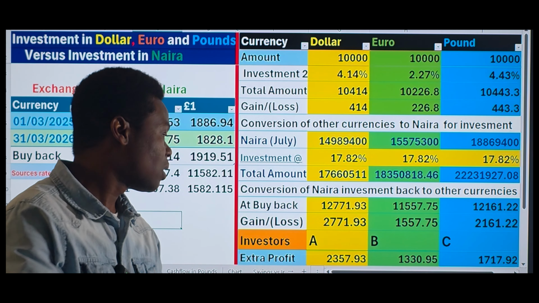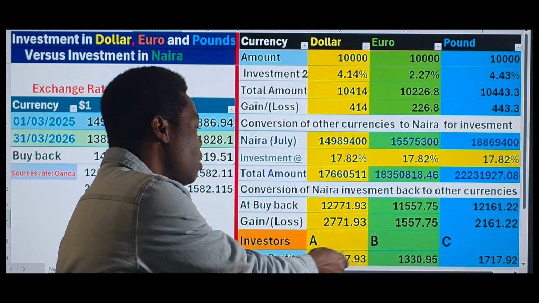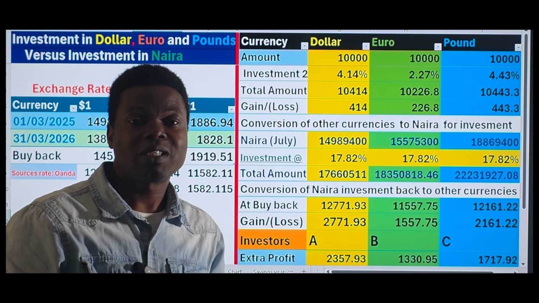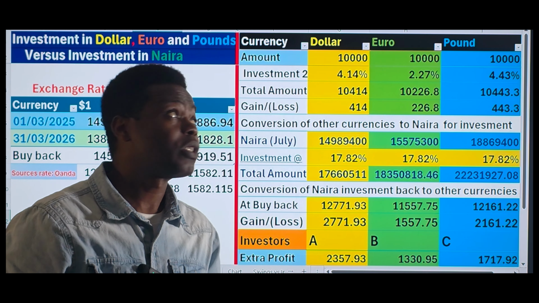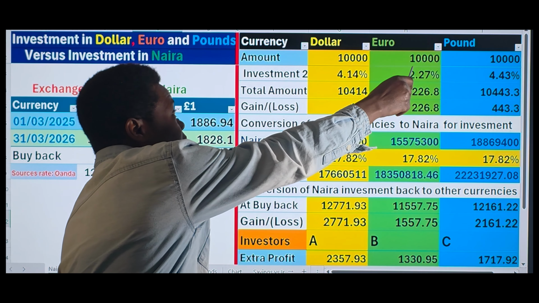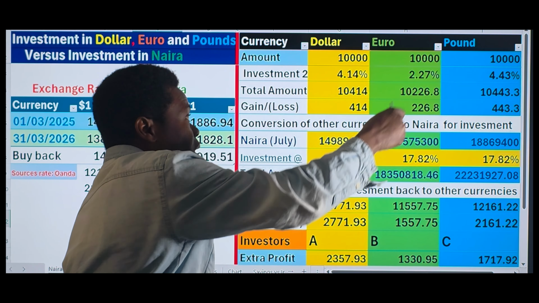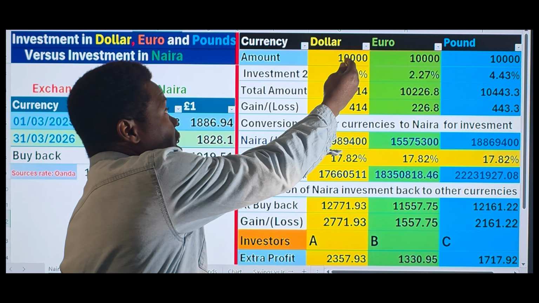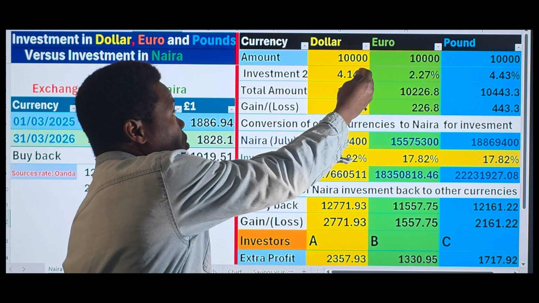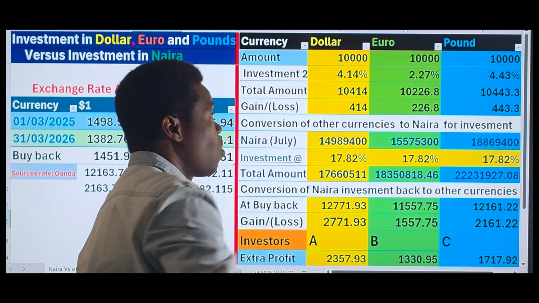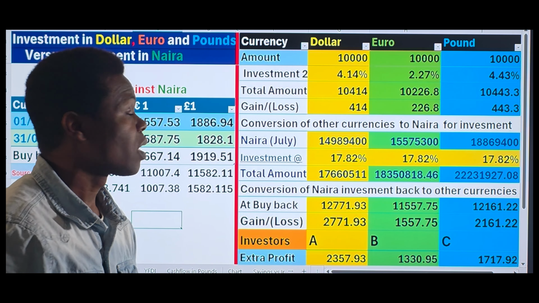We are looking at investors A, B, C, and the amount of capital invested will be $10,000, 10,000 euro, and 10,000 pounds, while we take the naira equivalent of $10,000, 10,000 euro, and 10,000 pounds.